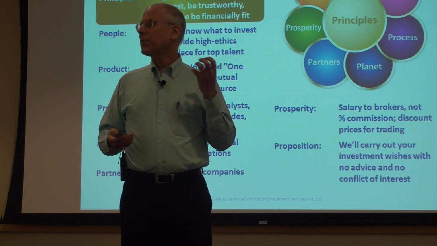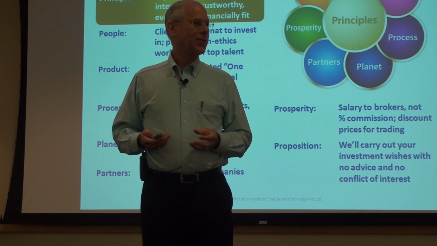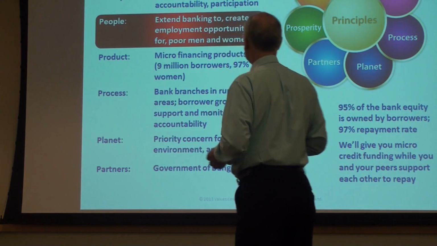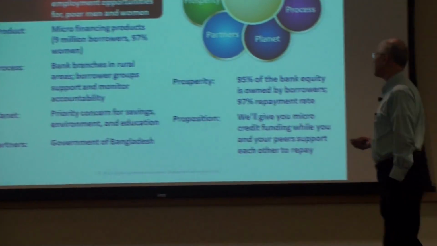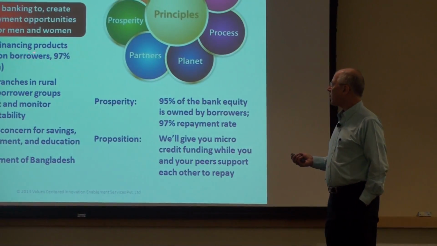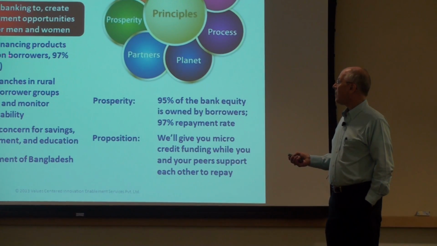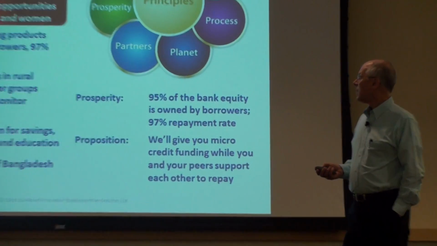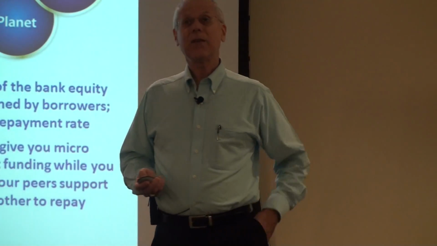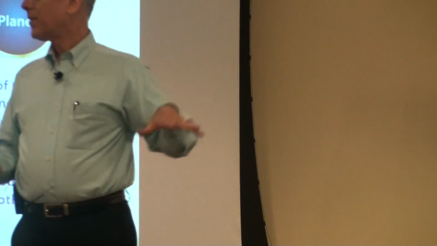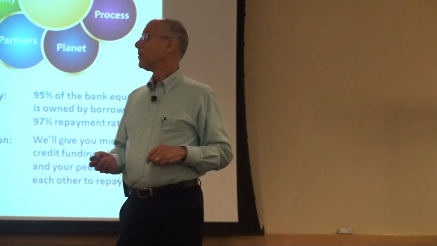This was the trek of Muhammad Yunus in starting the Grameen Bank with the government support. And really, their focus was extending banking to and creating employment opportunities for poor men and women. Their product was microfinancing, which I'm sure you're all aware of, but to the point that they now have 9 million borrowers, 97% of whom are women, because of the empowerment that they have found in many, many developing countries about the power of giving women that kind of boost.